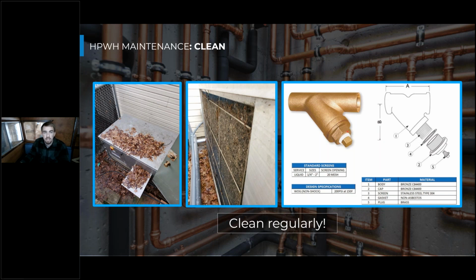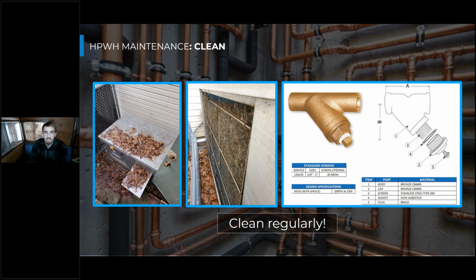There's also the Y strainer on the inlet of the heat pump that's protecting the heat exchangers from intaking any debris through the potable water supply, but all of that debris is getting caught in this Y strainer. So at a certain point, if it's not maintained properly, you will have an obstruction of water flow through the heat pump itself, and you'll see the same issues as an inefficient heat exchanger because you can't flow enough water to take that heat out of the system.